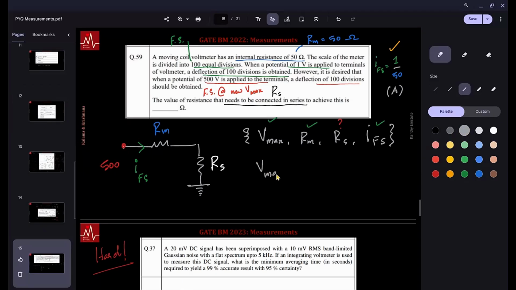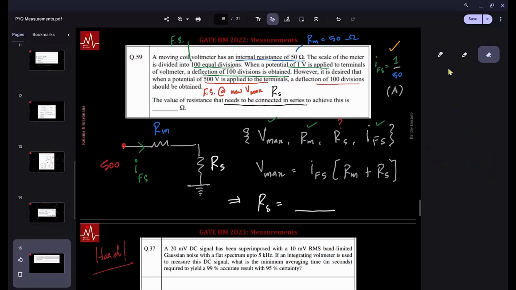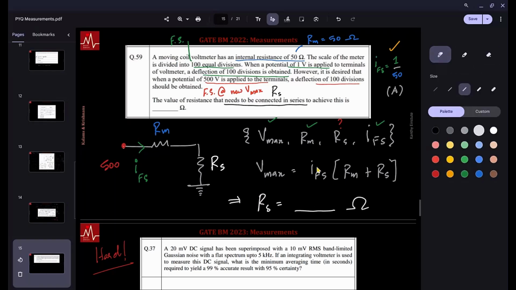Vmax is IFS into RM plus RS. Can you tell me what is RS? The answer in ohms. I already wrote down what is what. Can you just substitute and find out?